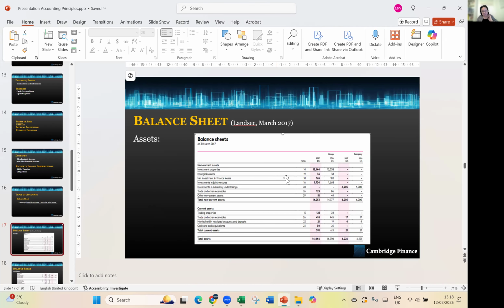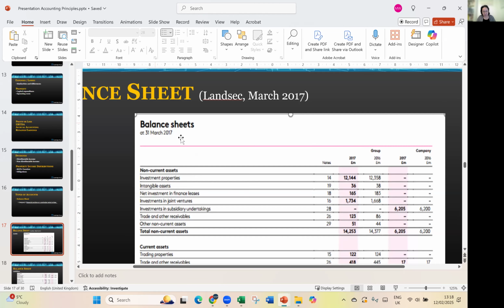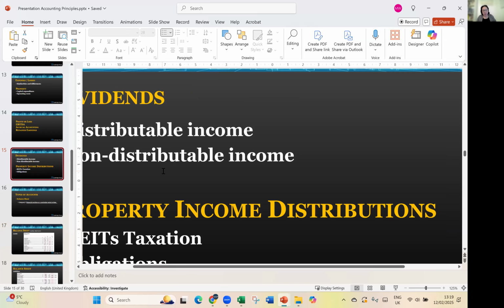The balance sheet here tends to be, for example, this is a balance sheet of a company, Landsec. Then you have investment properties, intangible assets, and net investment. So these are the non-current. So the biggest part here, if it is a property company, will be investment properties. Okay, so that's the main thing that we normally work on.